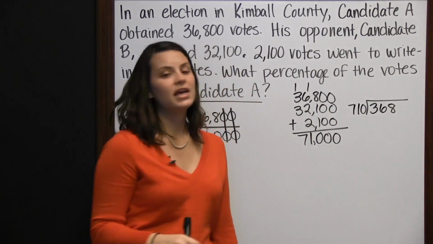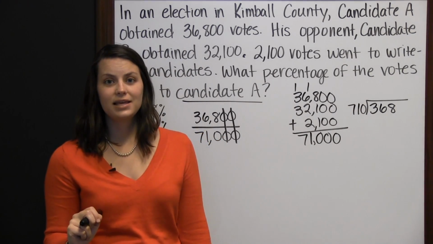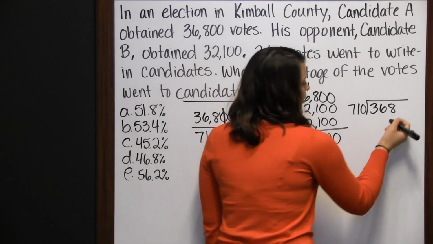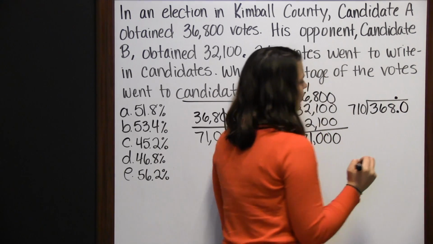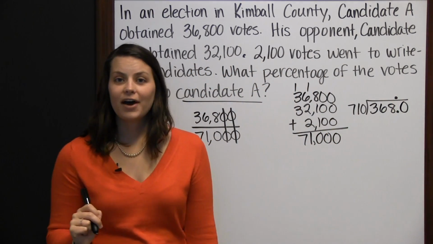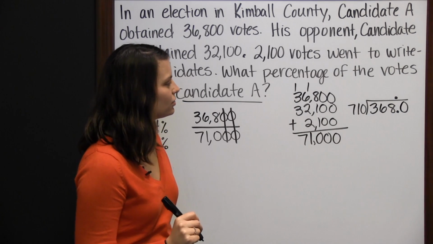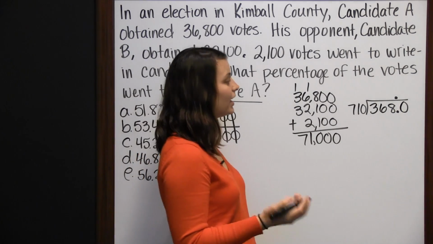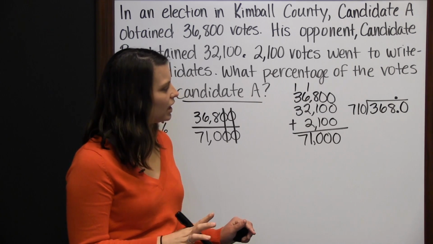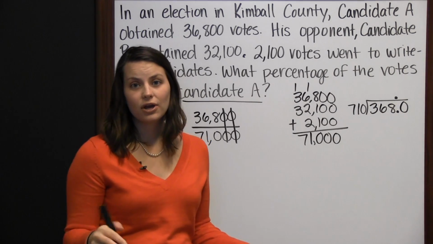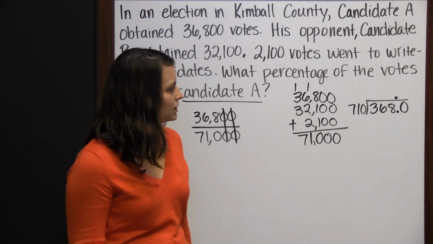Well, 710 doesn't go into 368 at all, which means I'm going to have to add a decimal and a 0. And now I can divide 710 into 3,680.